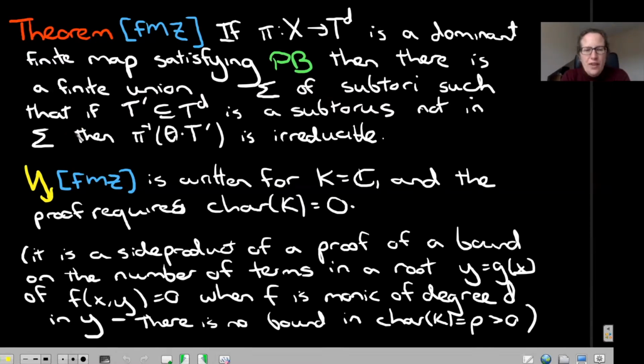In the paper, which is in JABS a few years ago, this is actually a corollary of one of their main techniques, and they have many other different corollaries. However, the one problem for my applications is that the paper was written for k equals C, and the proof required characteristic 0.